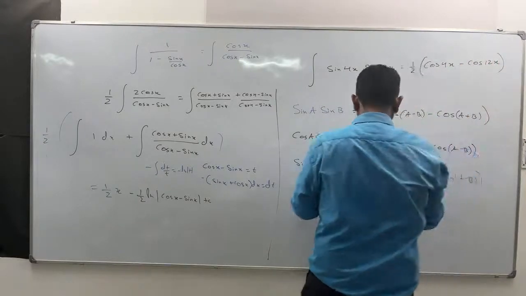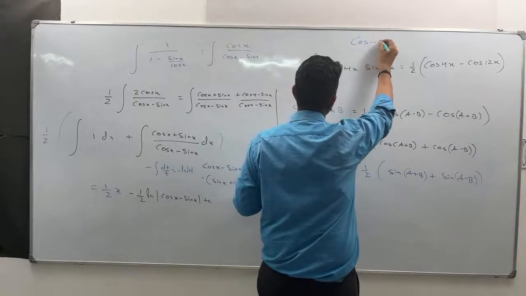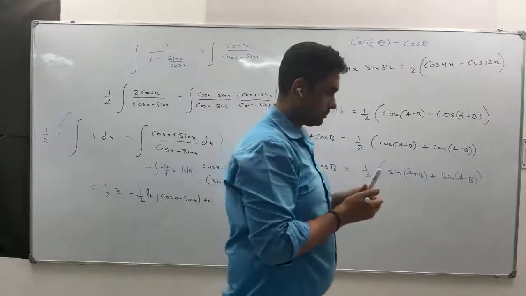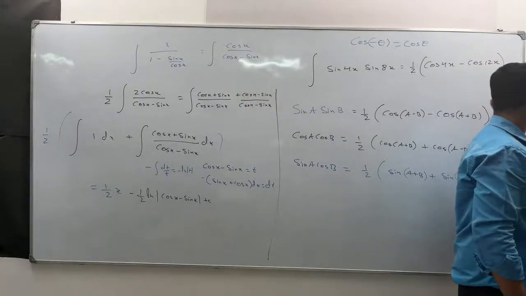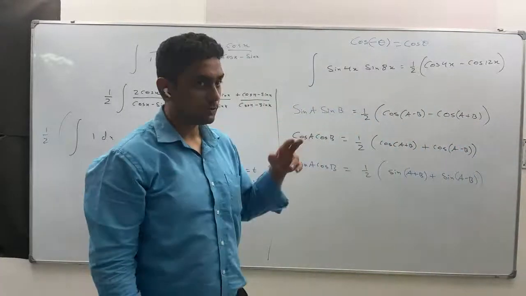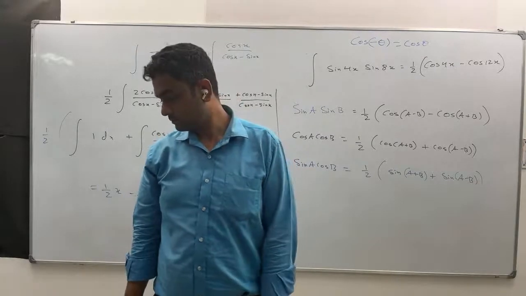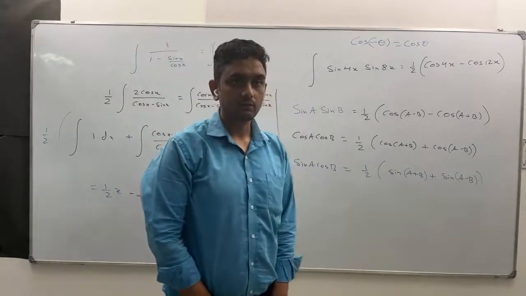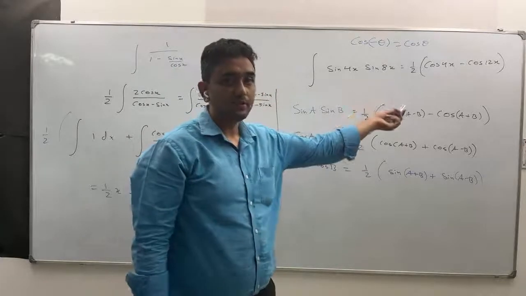Now I hope all of you also know this thing in trigonometry, that cos of minus theta is cos theta. All right, so this is what we will get. So now it's easy to integrate.